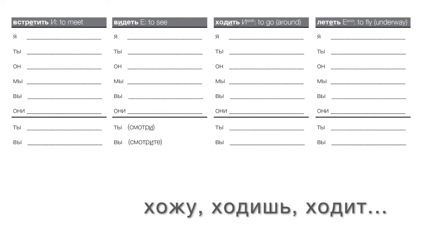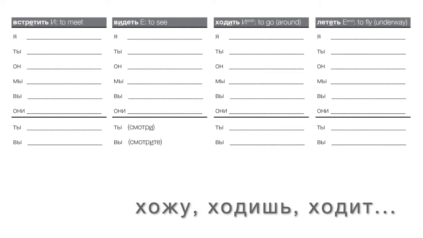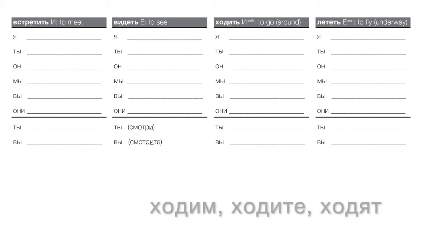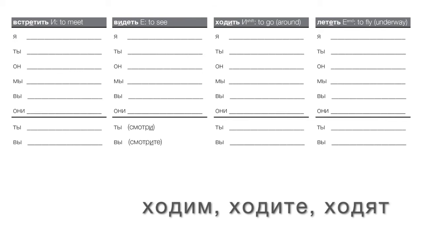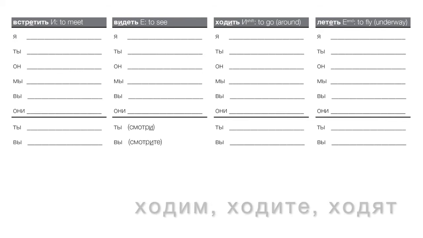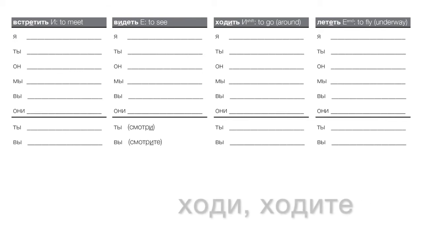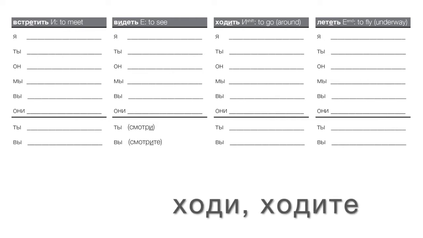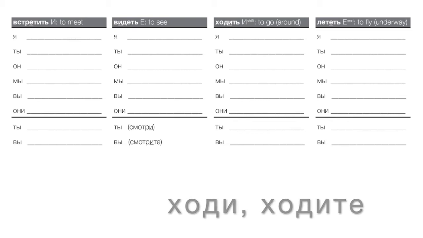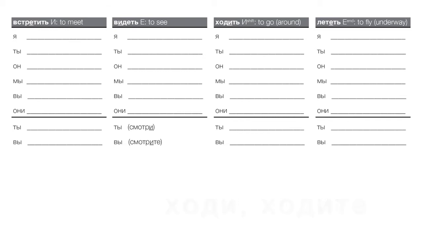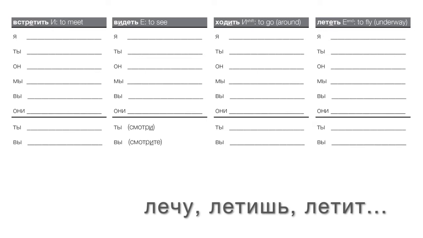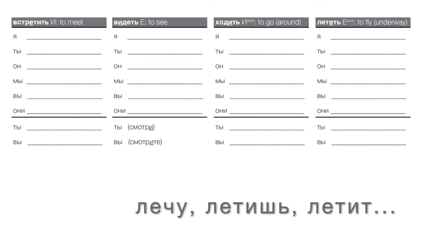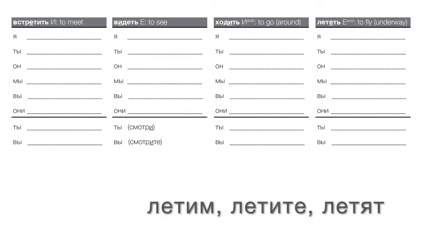Anyway, ходить, our good old friend there, the indeterminate verb of motion. Я хожу, ты ходишь, ходит, ходим, ходите, ходят. The imperatives will be ходи, ходите. Лететь, the determinate verb of motion for being underway by air. Я лечу, ты летишь, right? An end-stressed verb. Он летит, летим, летите, летят.